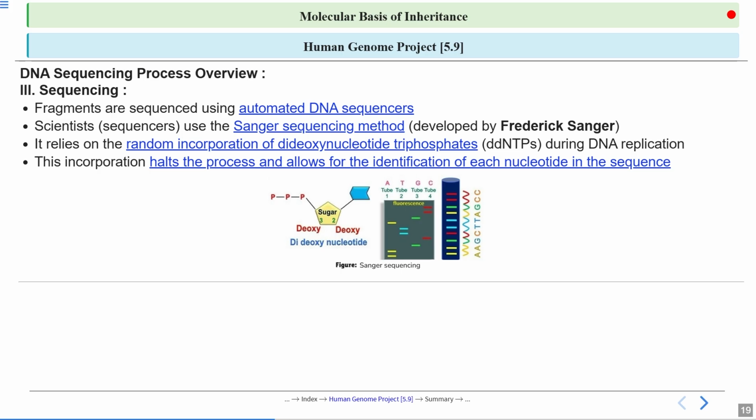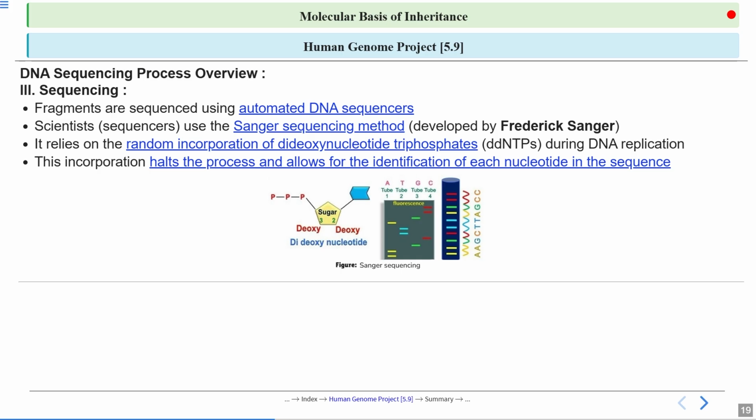So if we talk about the process, in a Sanger sequencing reaction, a template DNA molecule is mixed with DNA polymerase, regular deoxyribonucleotides, meaning regular dNTPs, and a small amount of a specific ddNTP, for example ddATP, ddGTP, ddCTP, like this.